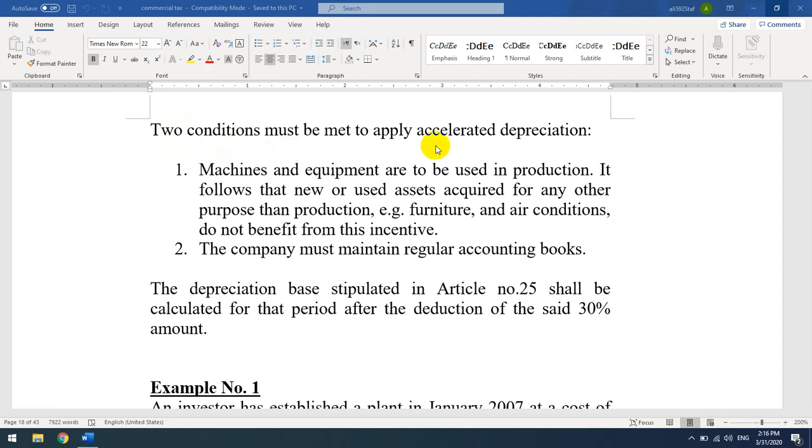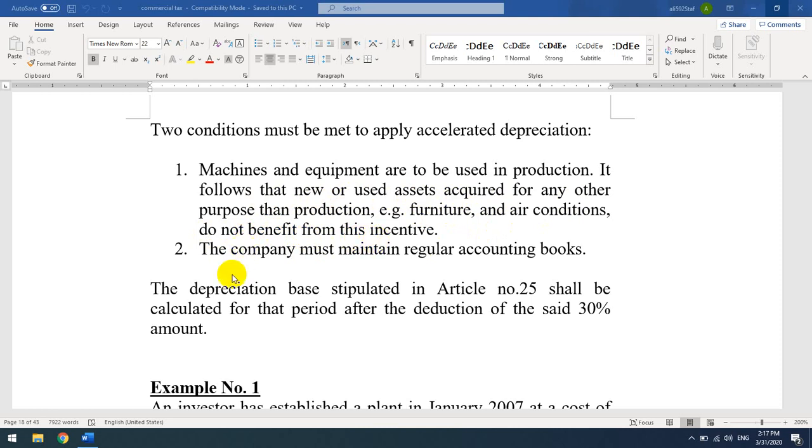First, machines and equipment are to be used in production, nothing else. It follows that new or used assets acquired for any other purpose other than production, such as furniture, air conditions, will not benefit from this incentive.